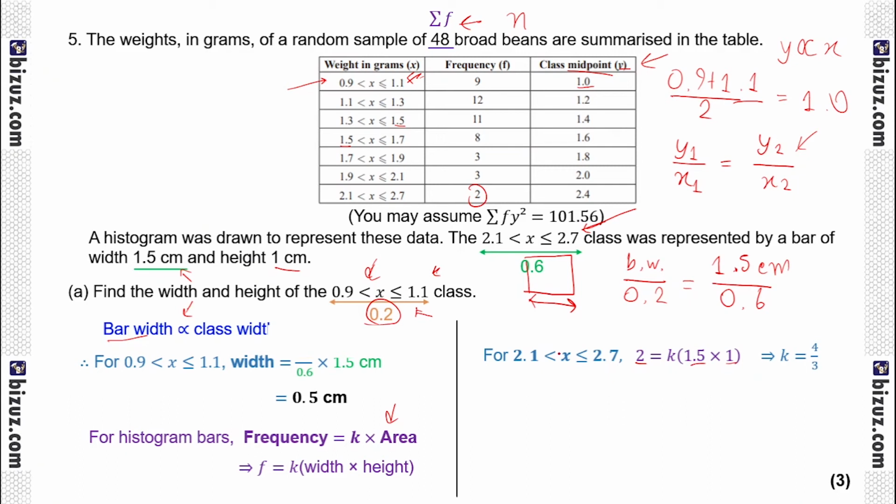We do the same thing for the class that we're concerned with. What's our frequency? It's 9, right? For 0.9 to 1.1. So 9 is equal to k, which we already have, multiplied by the width into the height. The width we already have, the height is what we need to find, and here we will get our height. It's 13.5. We need to be careful to put the correct unit. It's going to be the same as all the physical length dimensions here, so it's centimeters.